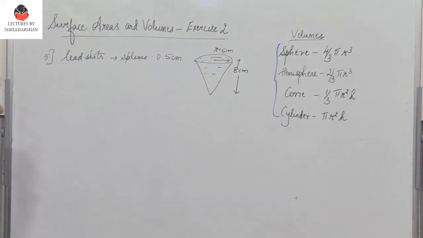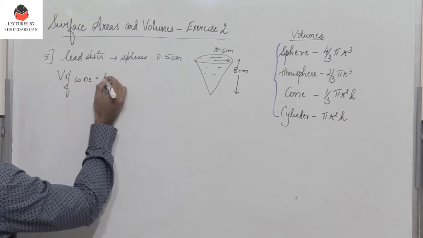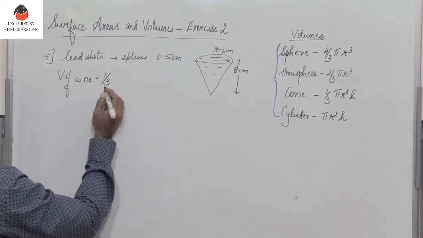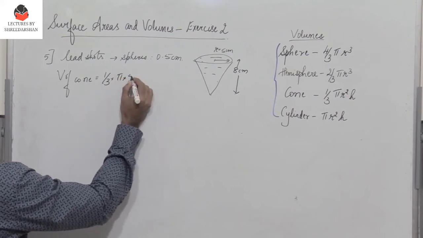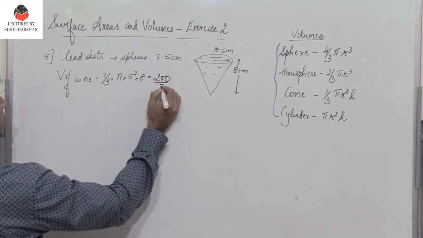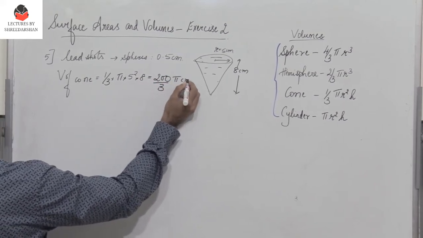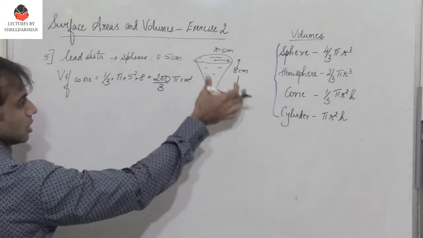First, let us find the volume of the cone. Volume of cone is 1/3 π r² h, which is 1/3 into π into 5² into 8. So this is 200/3 π centimeter cube. How much water flows out? 1/4 of the water flows out.